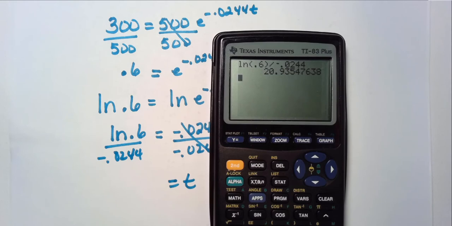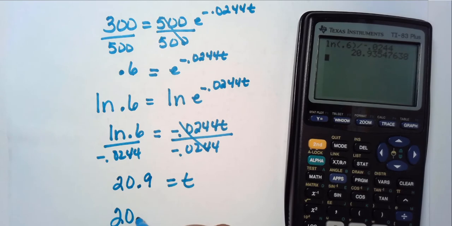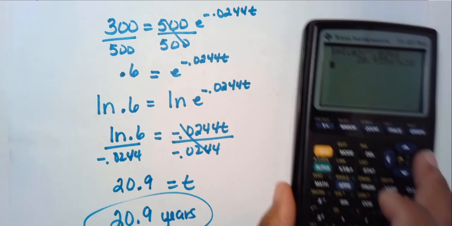Round to the nearest tenth, 20.9. So the question again, it says, when will only 300 grams of strontium 90 be left? 20.9 years. All right.